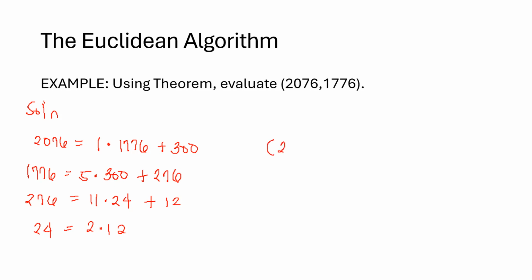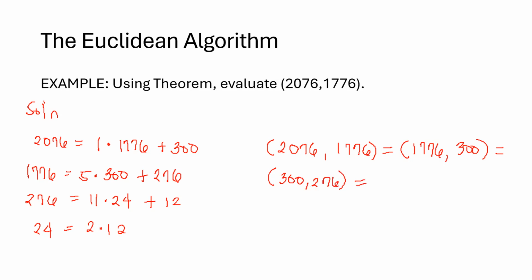the GCD of 2076 and 1776 is equal to the GCD of 1776 and 300, which is equal to the GCD of 300 and 276, which is equal to the GCD of 276 and 24, which is also equal to the GCD of 24 and 12.